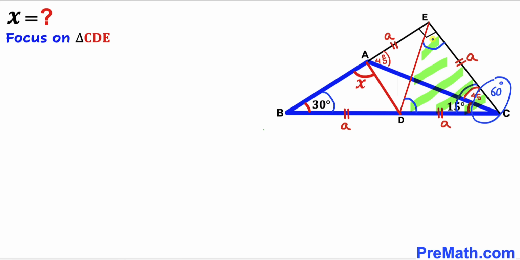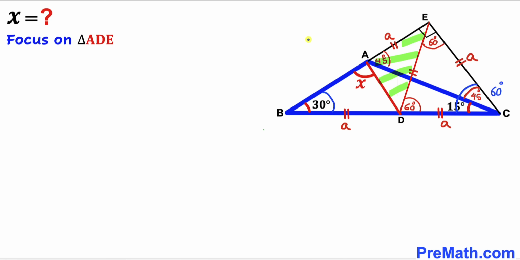So this angle has got to be 60 degrees and this angle is 60 degrees as well. So we conclude that triangle CDE is our equilateral triangle, since all three angles are 60 degrees each. And since this triangle is equilateral, all three sides are going to have equal length.